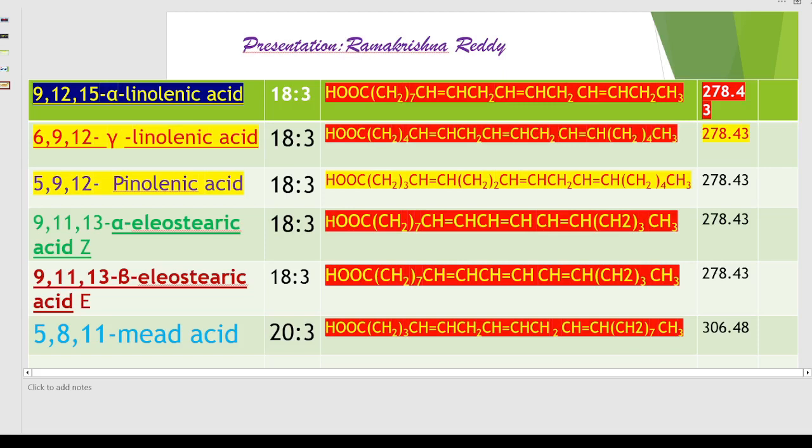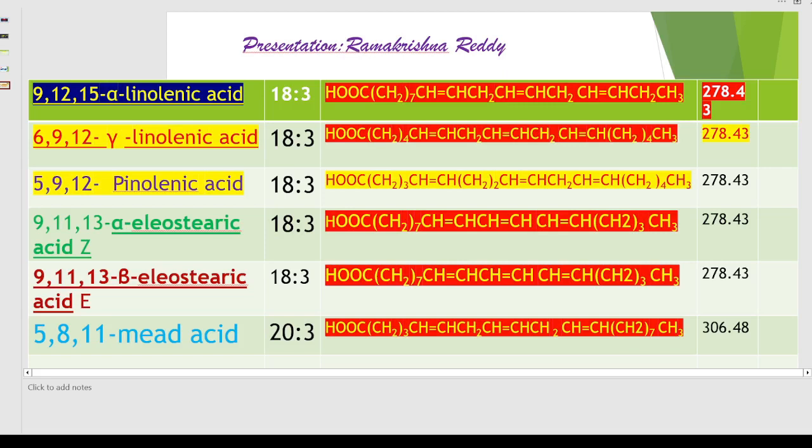The above alpha eleostearic acid is in cis configuration. Z is the symbol of the cis configuration, E is the symbol of the trans configuration. So beta eleostearic acid is in trans configuration.